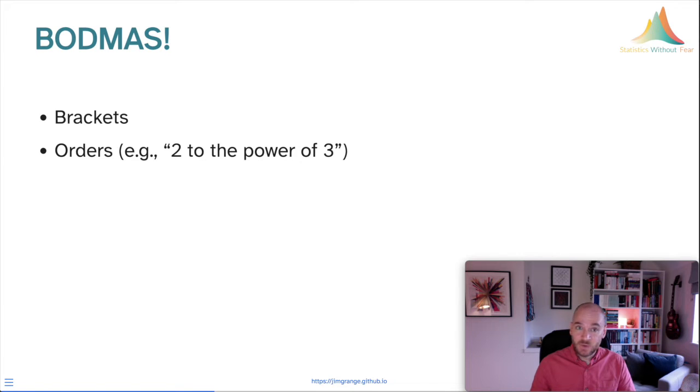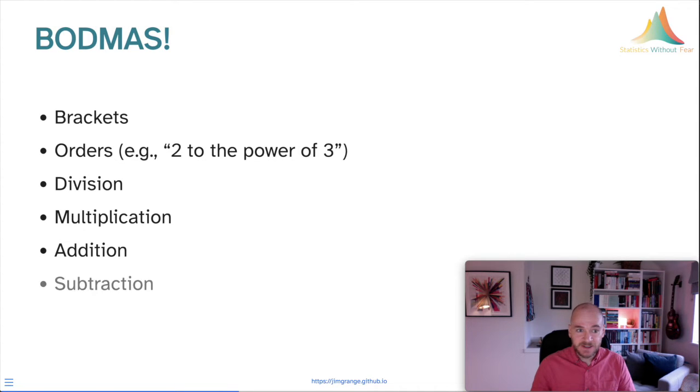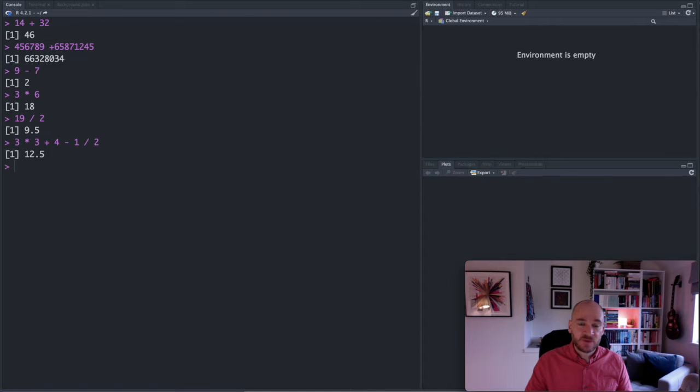Then it will deal with orders. So this is exponentiation. For example, it will deal with 2 to the power of 3 next. Then it will move on to work out any division that you have in the input, multiplication, followed by addition, and then subtraction. Failing to take these order of operations into account can lead to unexpected and potentially incorrect outcomes. So it's really important that you keep it in mind.